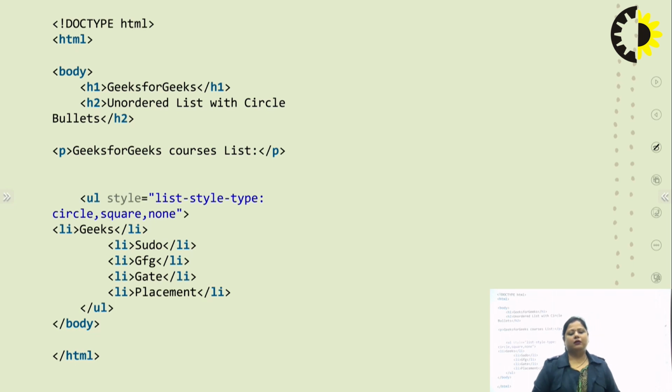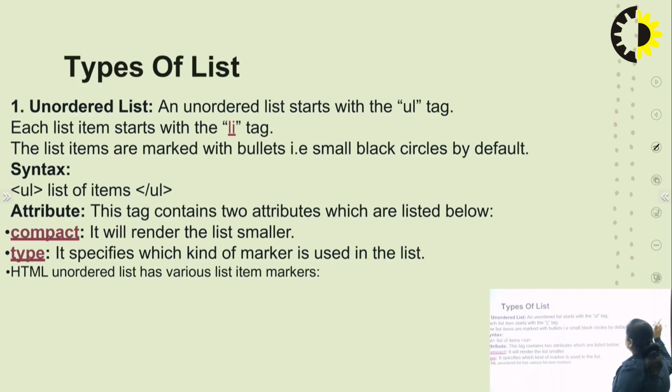As I already discussed, there are basically two types of list: unordered list and ordered list. An unordered list starts with the UL tag, as I already discussed, and each list item starts with the LI tag.